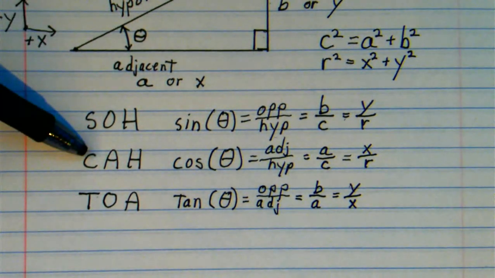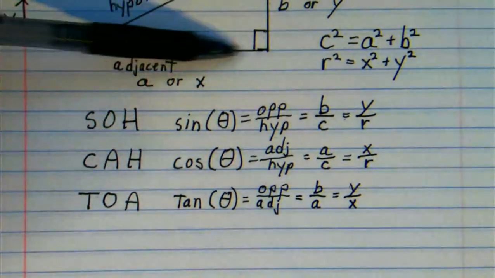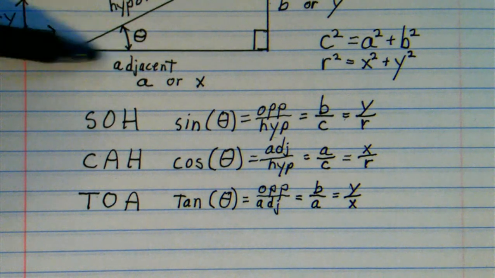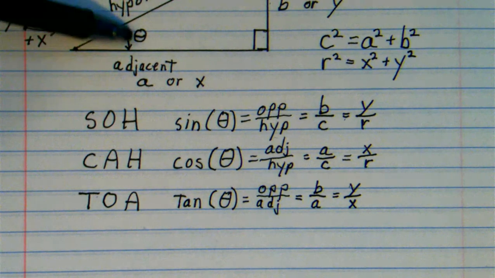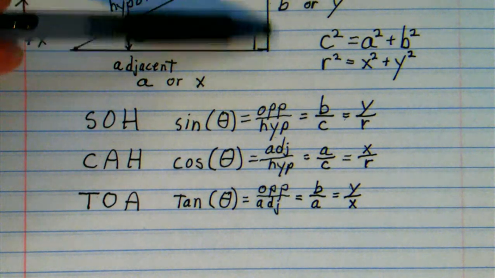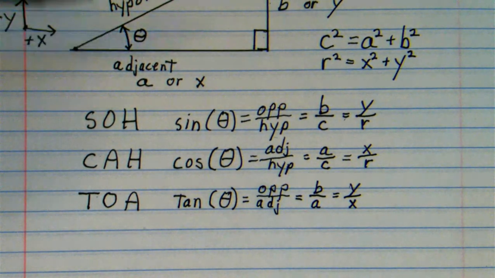The cosine of a reference angle is the ratio of the adjacent leg divided by the hypotenuse. And the tangent of a reference angle is the ratio of the opposite leg divided by the adjacent leg.